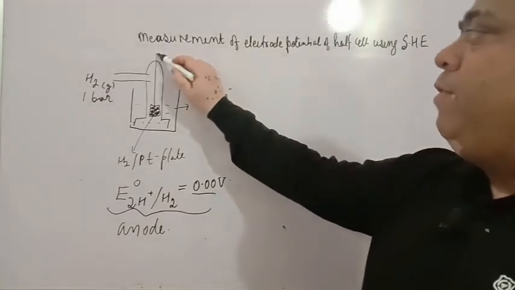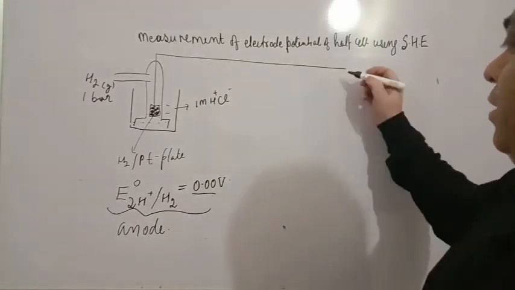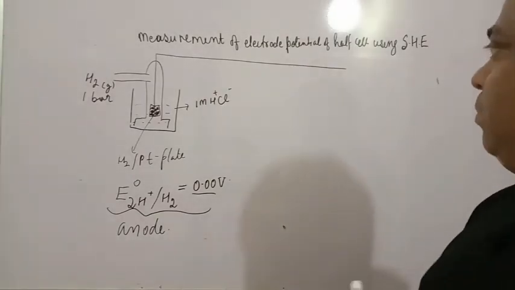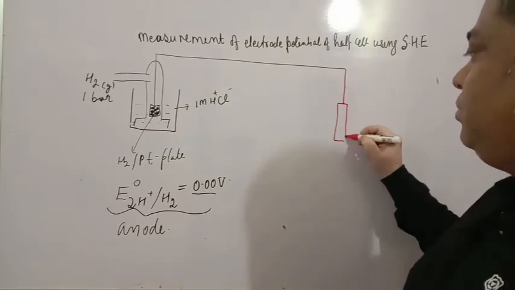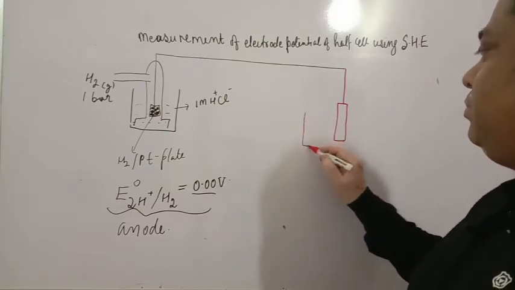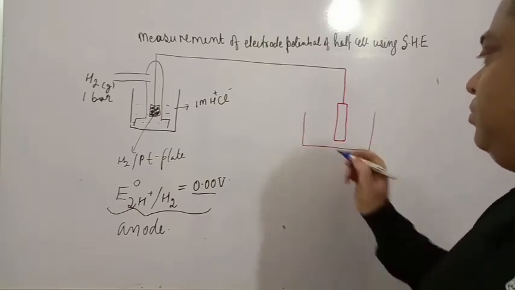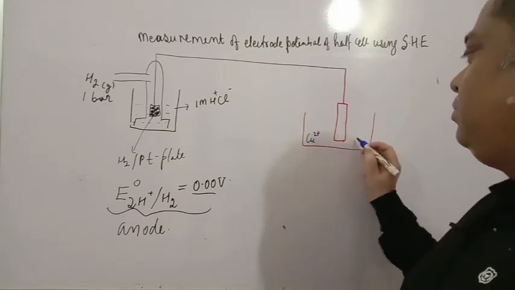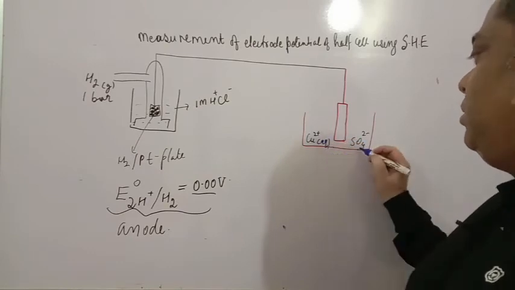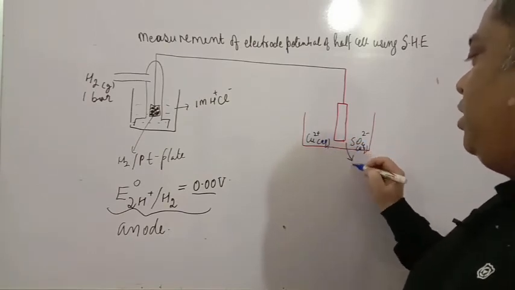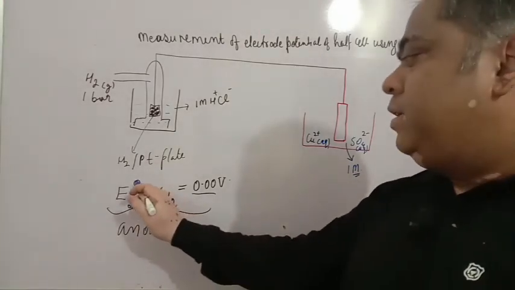Say we have to find the electrode potential of copper dipped in copper sulfate, aqueous, and 1 molar, of course, because we are finding it in terms of standard condition.